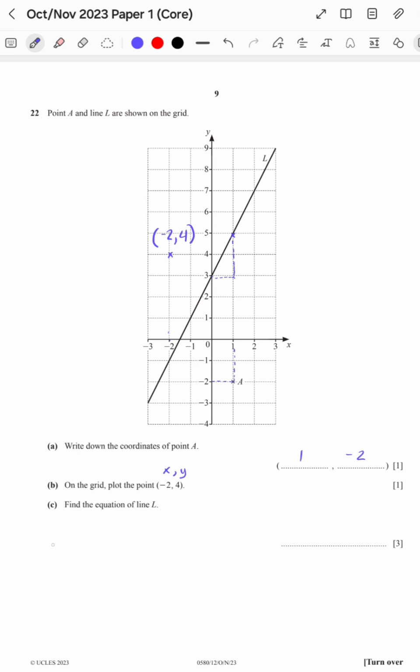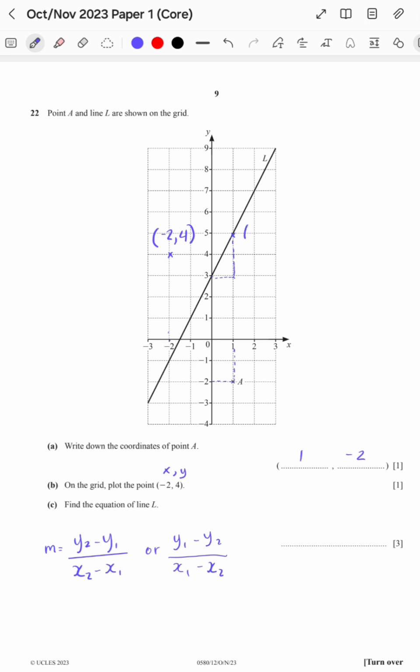The formula for gradient is lowercase m equals y2 minus y1 all over x2 minus x1. If you mistakenly put y1 first, make sure you write x1 below. These two are both correct.